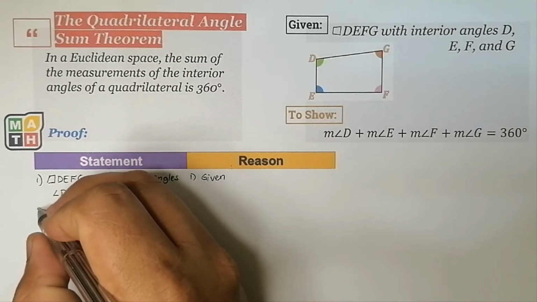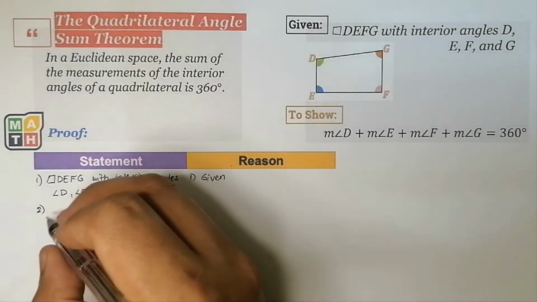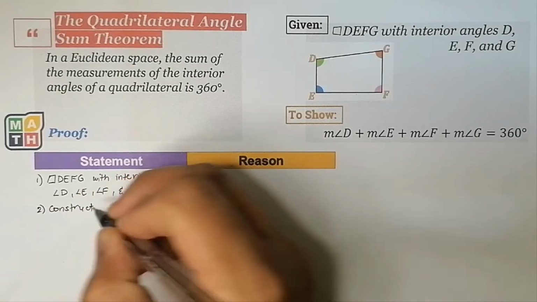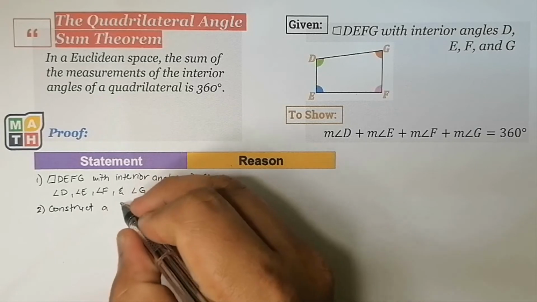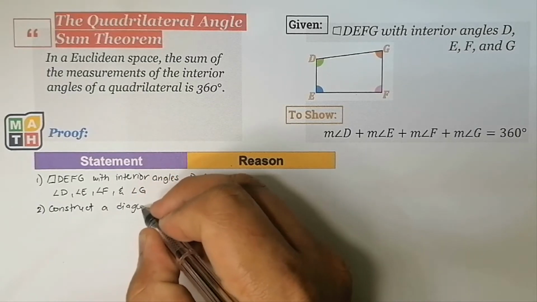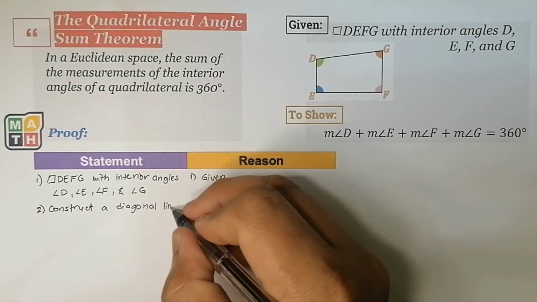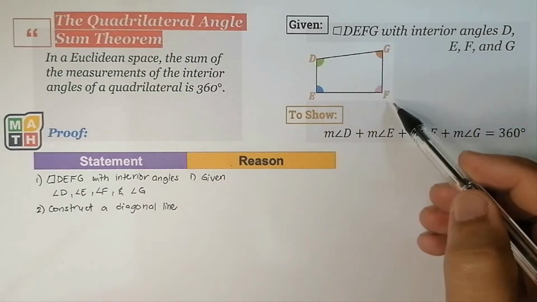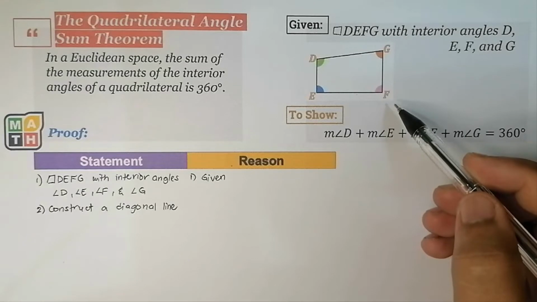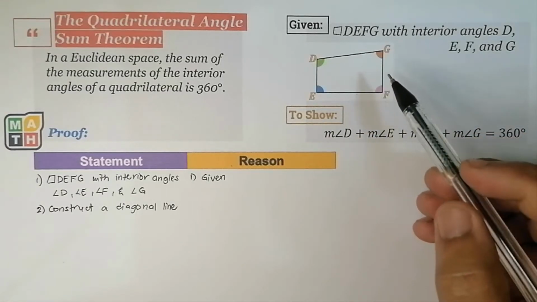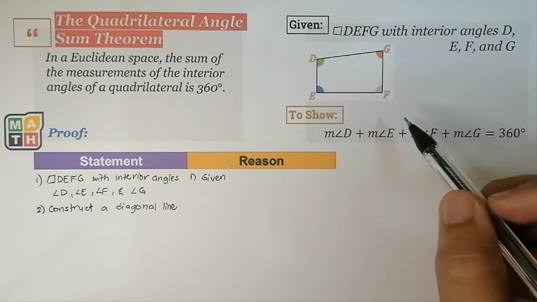I'm going to construct a diagonal line, a diagonal, and we all know what a diagonal is. So we have diagonal line DF.